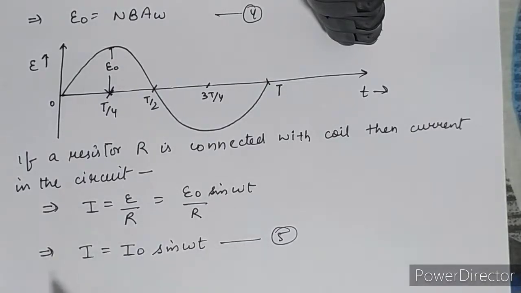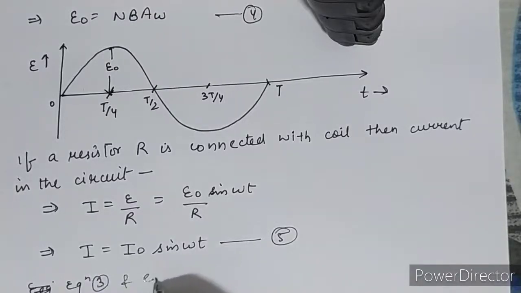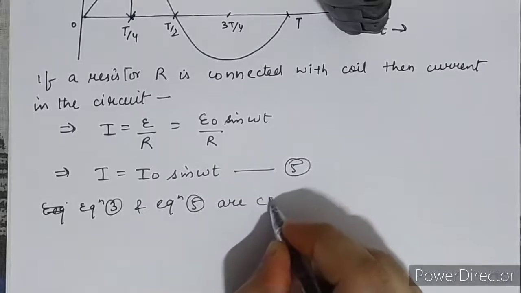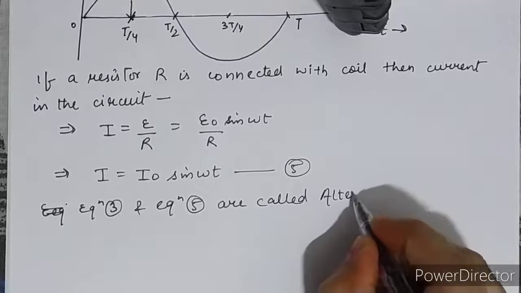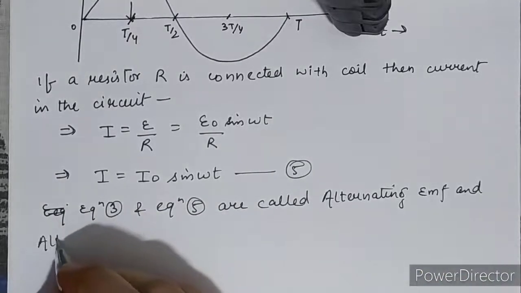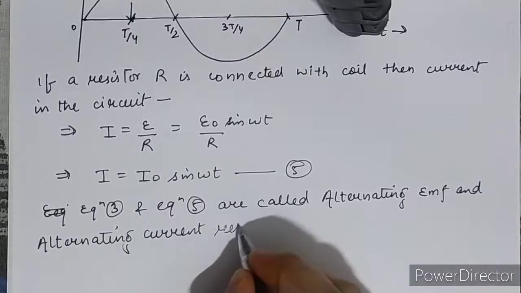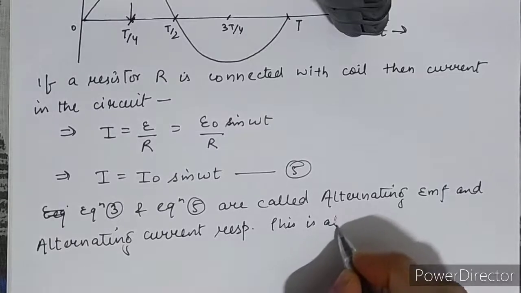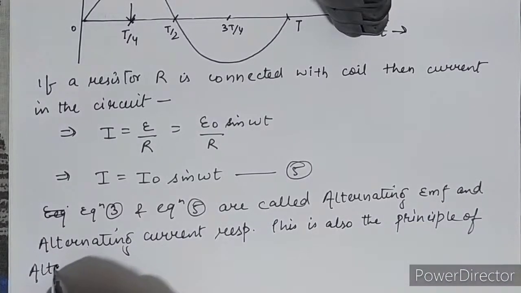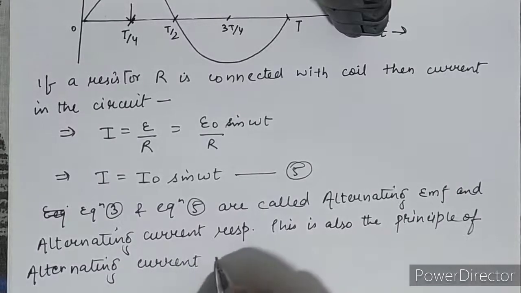I'm just mentioning that equation 3 and equation 5 are called alternating EMF and alternating current respectively, and this is also the principle of the alternating current generator.